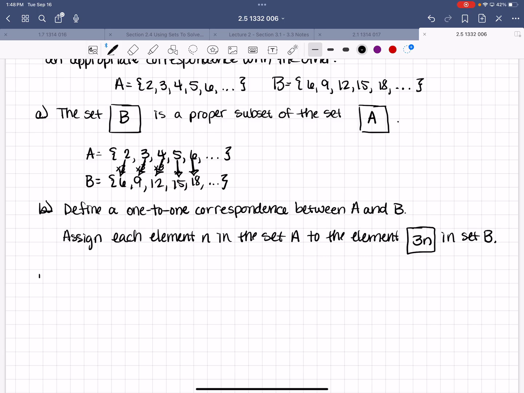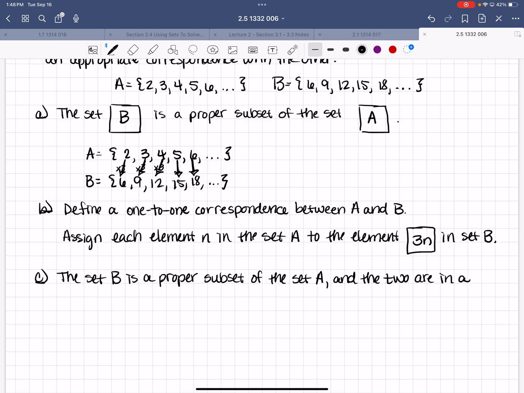And the last part then says the set B is a proper subset of the set A, and the 2 are in a one-to-one correspondence, so blank is blank set.